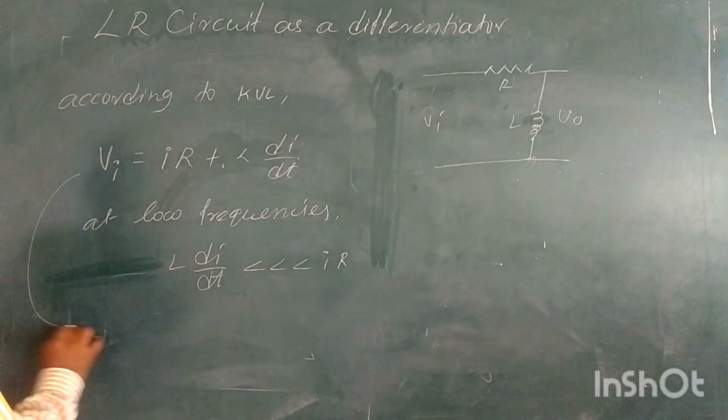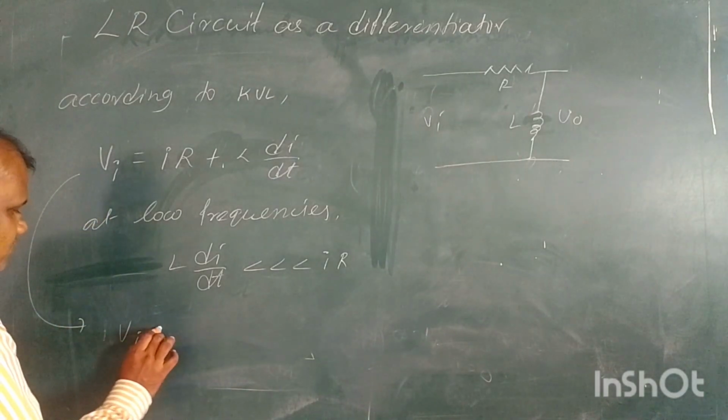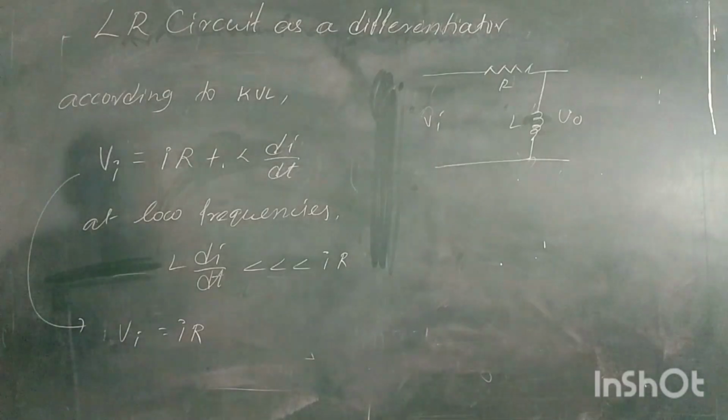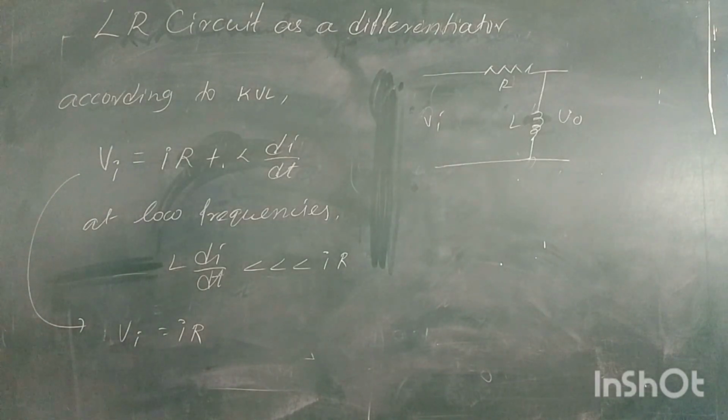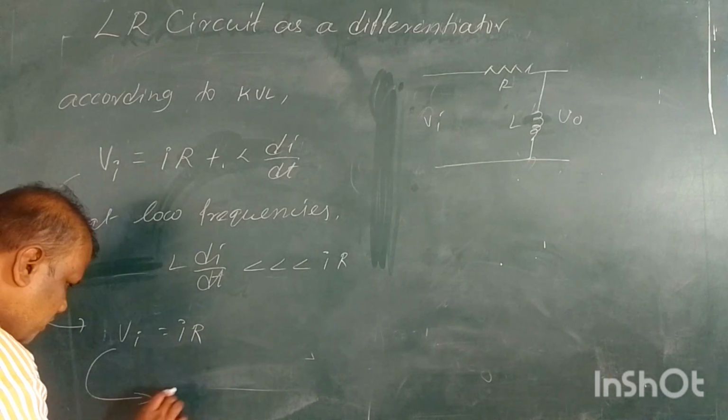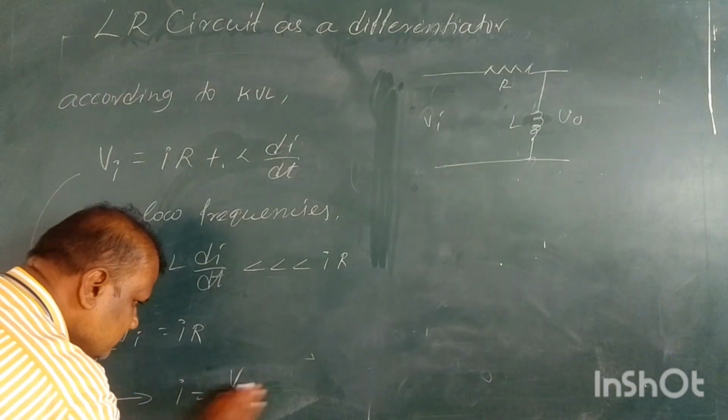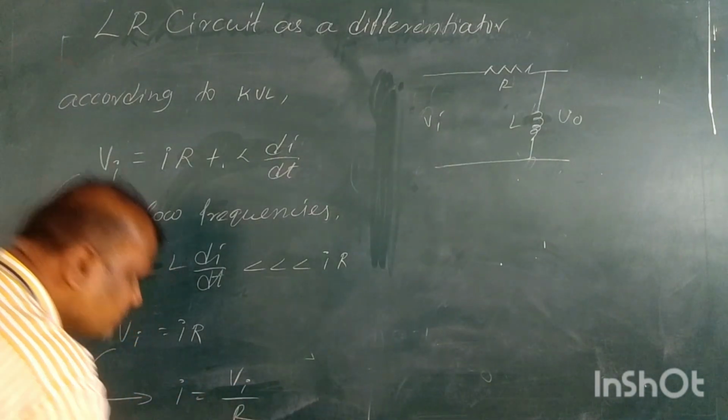Therefore this equation can be written as Vi equal to just IR. So from this equation, I equal to Vi by R.